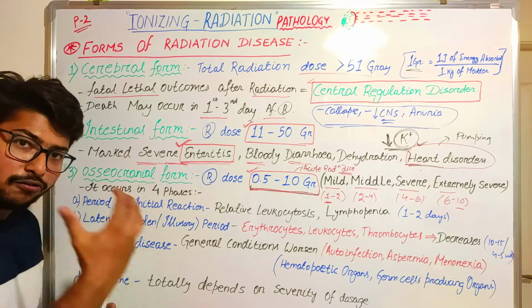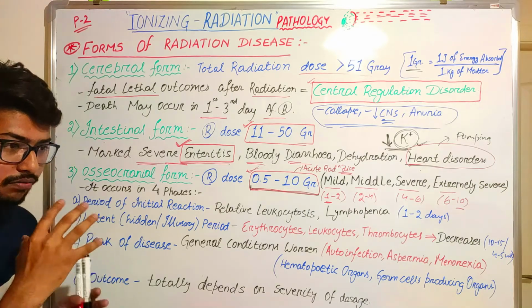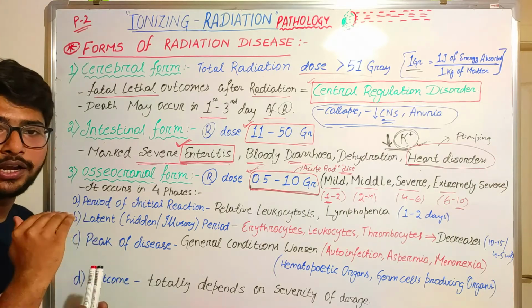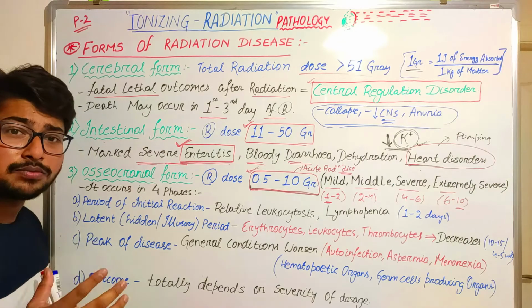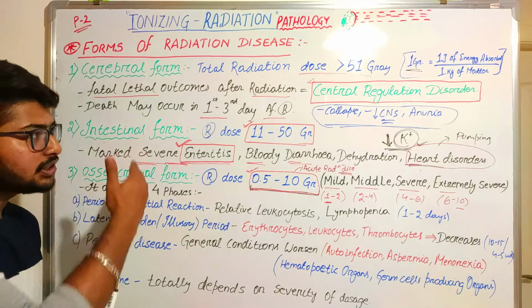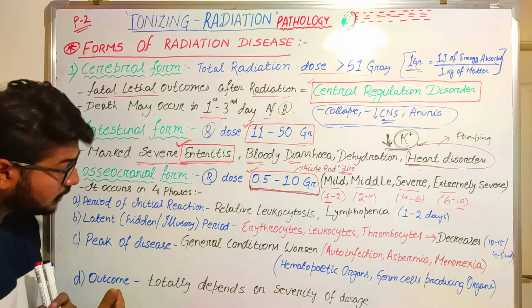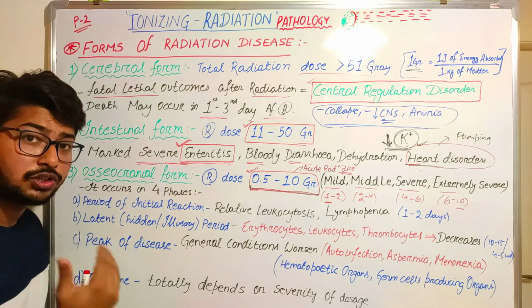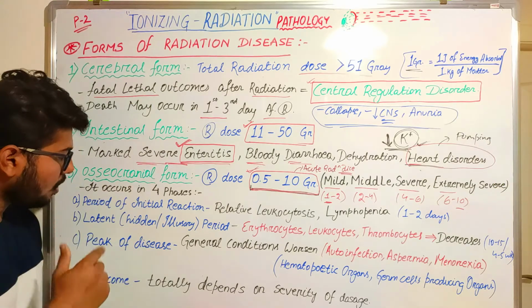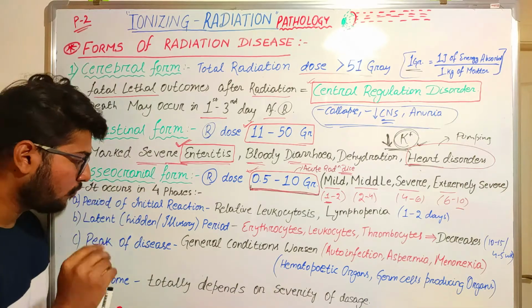Then there will be the peak of the disease, in which the general condition of the body will get worse, and finally comes the outcome, whether this radiation disease will heal or whether it will get more worsen. So this osteocranial form occurs in 4 phases.